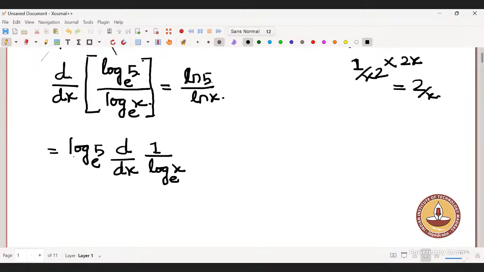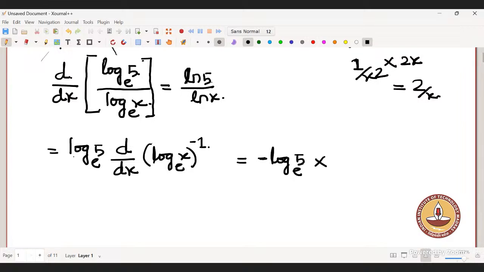This is precisely log x base e, times minus 1, right? If I differentiate this, minus 1 comes in front, and it becomes log e x whole power minus 2.